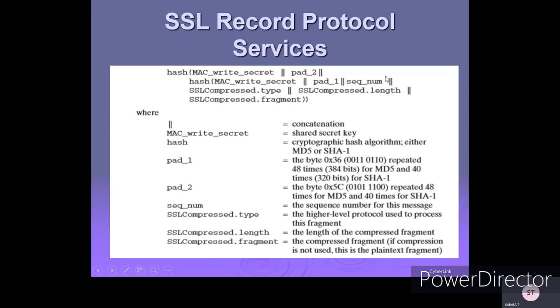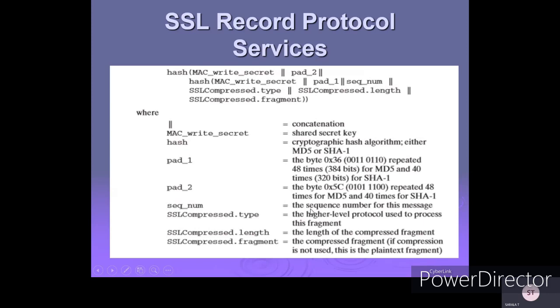Pad 1 is used and you will be padding the sequence number also, and then the SSL compressed type, whatever type of compression we have used, and compressed length, what amount of length we have compressed, and compressed fragment, the fragment you have compressed. All those you have to concatenate and apply the hash function. Finally you will get your MAC calculated value.